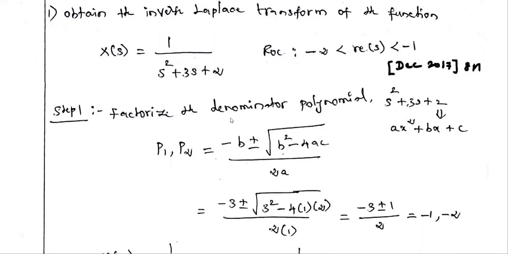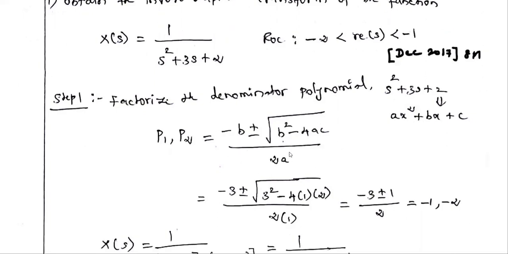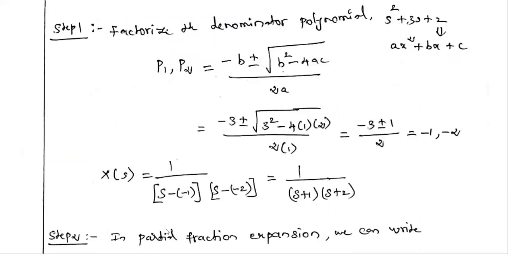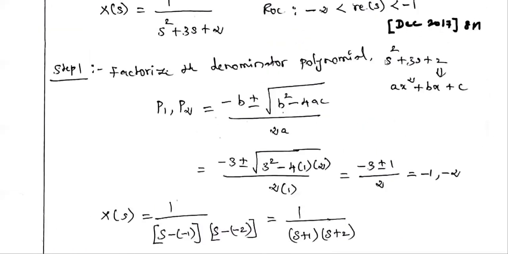Substituting the a, b, c values in the above expression, we get the poles p1 and p2 equal to -1 and -2. So the two roots are -1 and -2. You may also calculate the roots using a calculator: for the equation s squared plus 3s plus 2, just find the poles, which are -1 and -2.